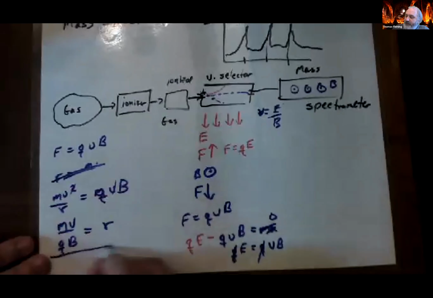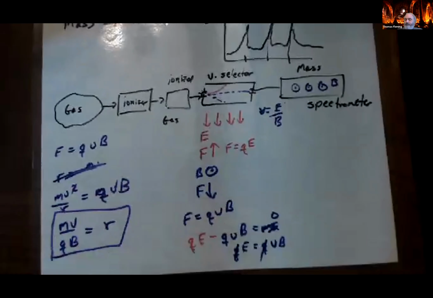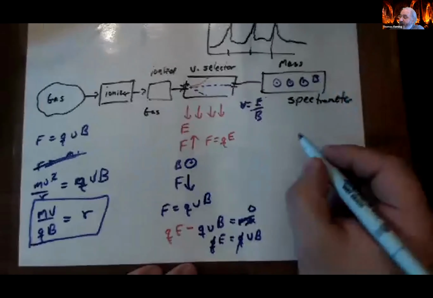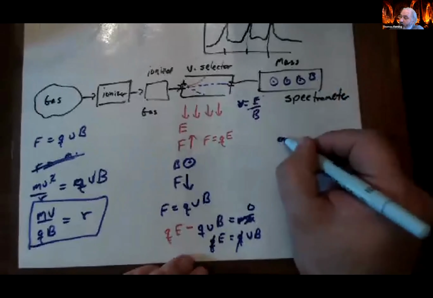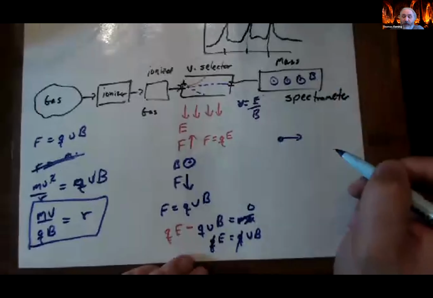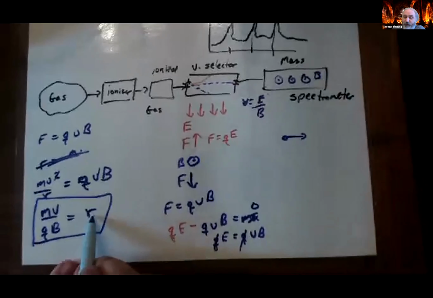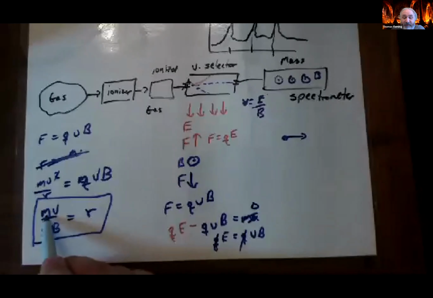And so what's going to happen is they will travel with a cyclotron radius. And if you look inside that spectrometer, here's my particles. They're coming in from my velocity selector. And they're going to travel in a circle, but the radius of that circle depends on the mass of my particle.